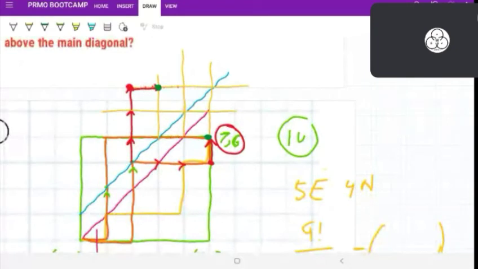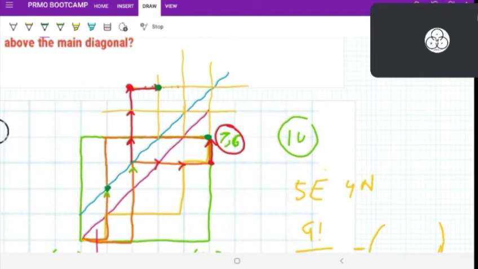So all the paths which touch this line are actually crossing the red line.